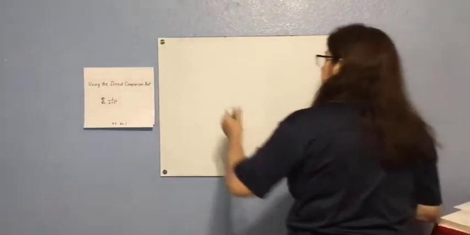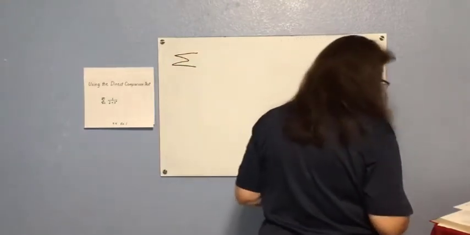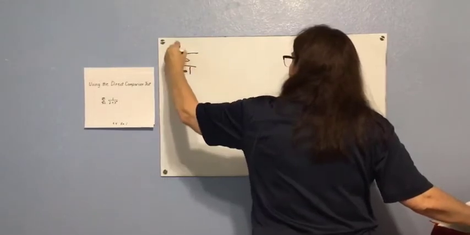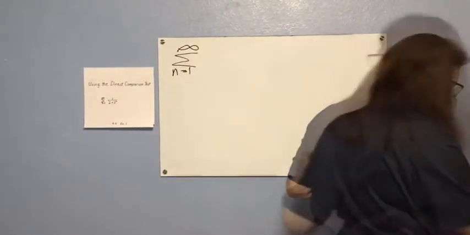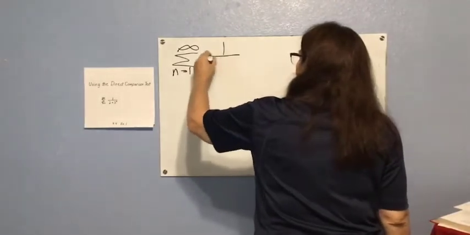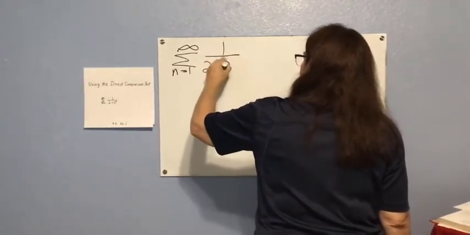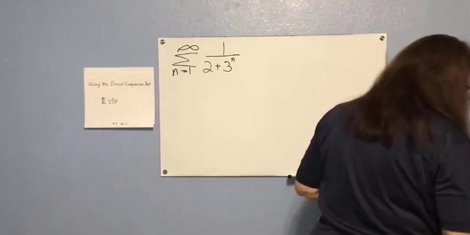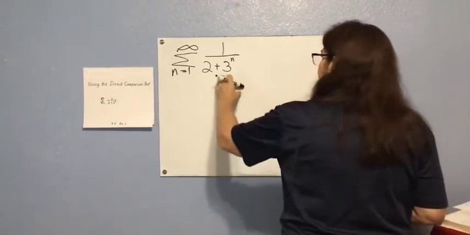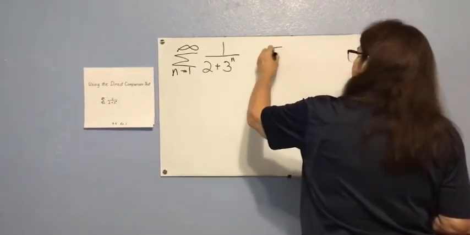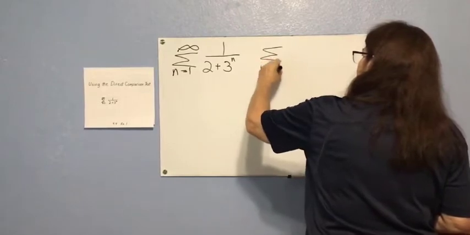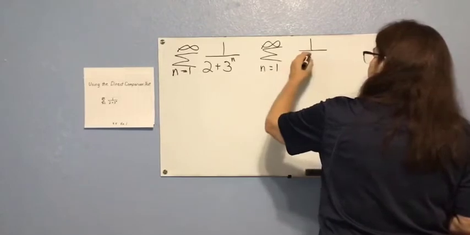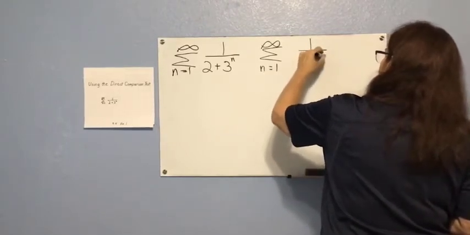Okay, so I have a series, one over 2 plus 3 to the n power. And I'm going to compare this to a little bit simpler series. I'm just going to omit the 2 and have 1 over 3 to the n.